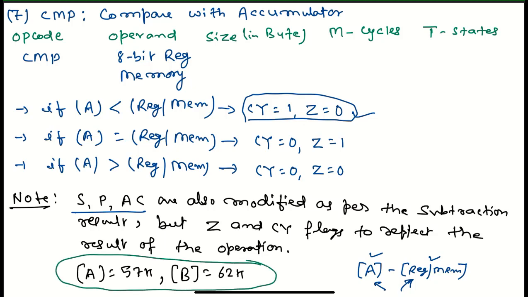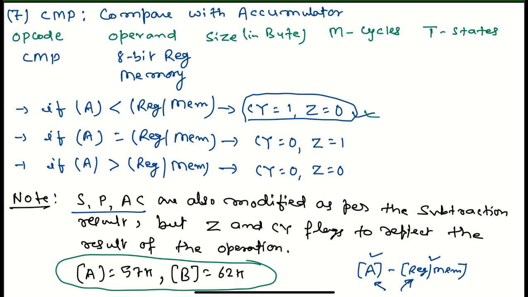This subtraction happens internally to modify the flags, but the result is not reflected to the programmer. The processor does it internally to change the carry flag and zero flag. I hope you understand the operation of this CMP instruction.